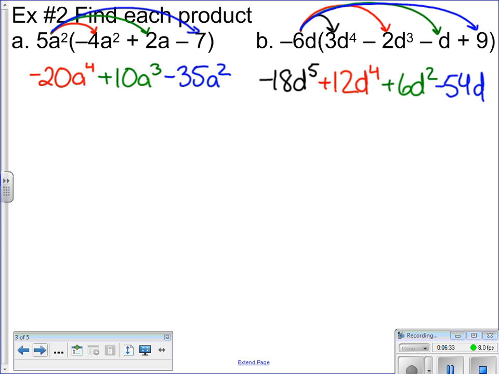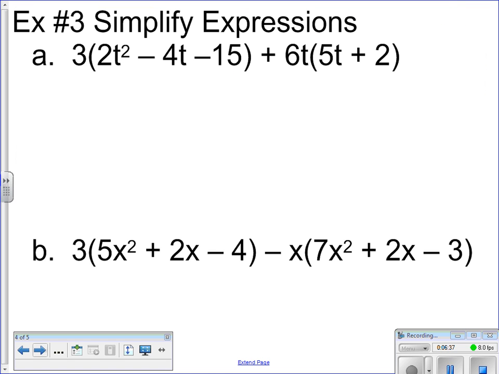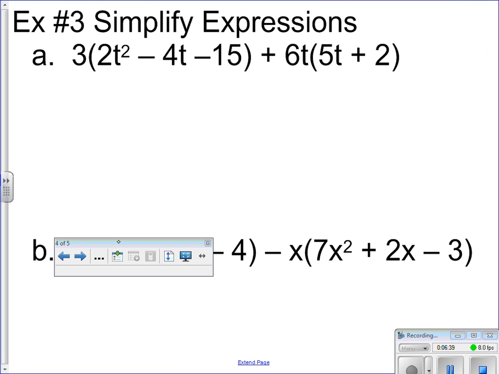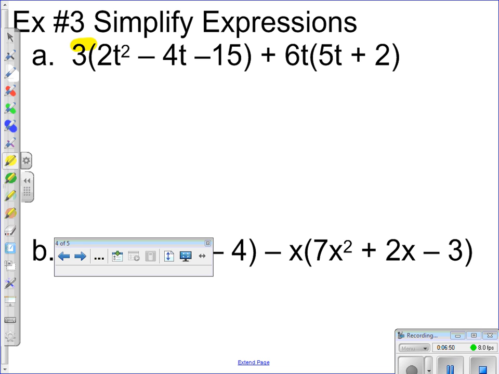All right, moving on with slide 4. Okay, first up, if you notice, there are now 2 parentheses in this problem. There's the first part and the second part. So we will do each part independently.